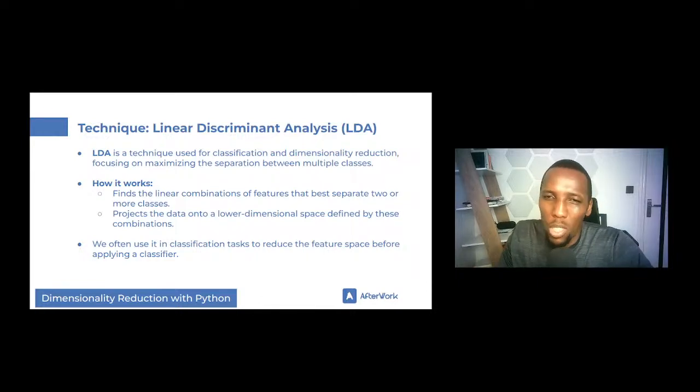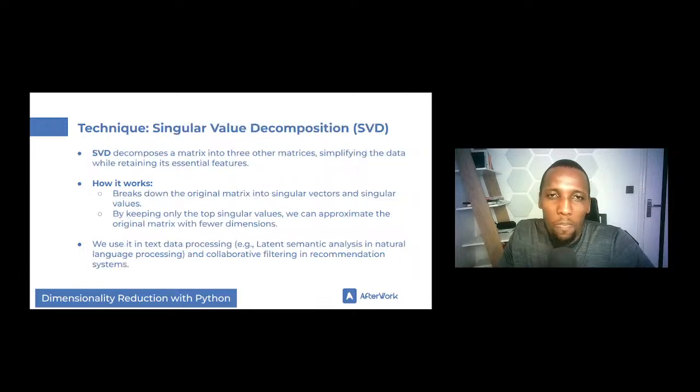So that's important to understand. And we would normally use this discriminant analysis technique when we want to reduce the feature space. By feature space, we mean reducing the input variables of that data set into a smaller one before maybe creating or training a classifier. So that's the technique that we can use during such a time.